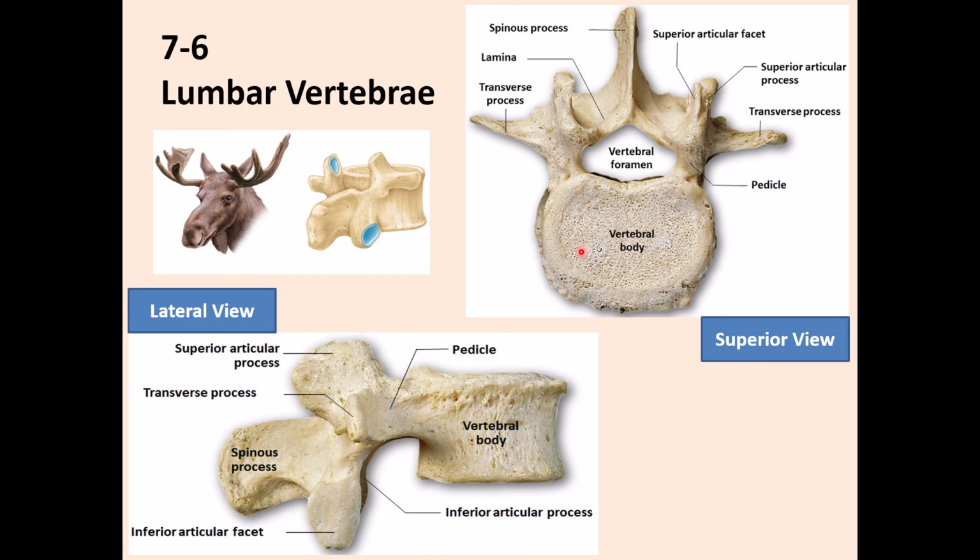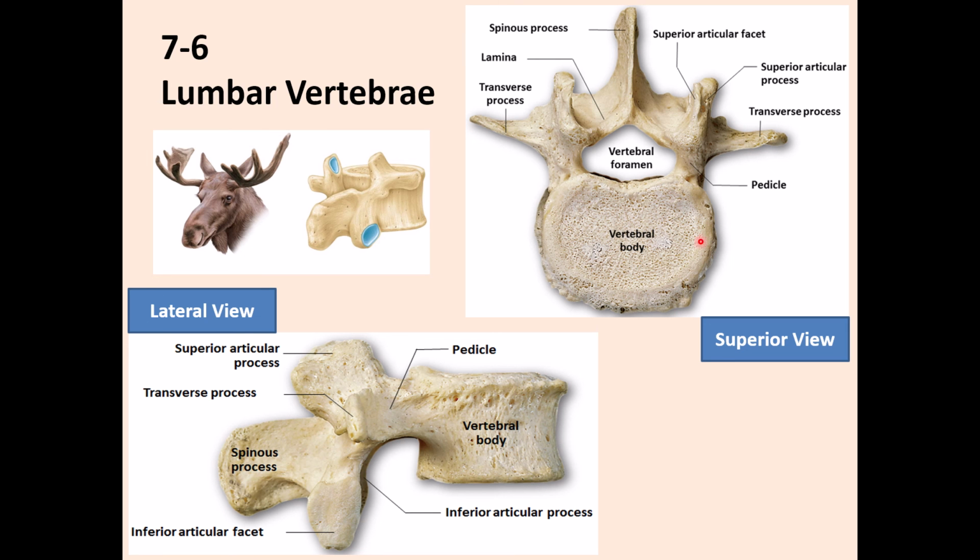So here is the vertebral body, so big compared with the vertebral foramen. Why is that big? Because there's a lot of weight on the lumbar area. That's why it's so big. This is the pedicle, and this is the lamina, the flat area. It has the transverse processes, but does not have the costal facets.